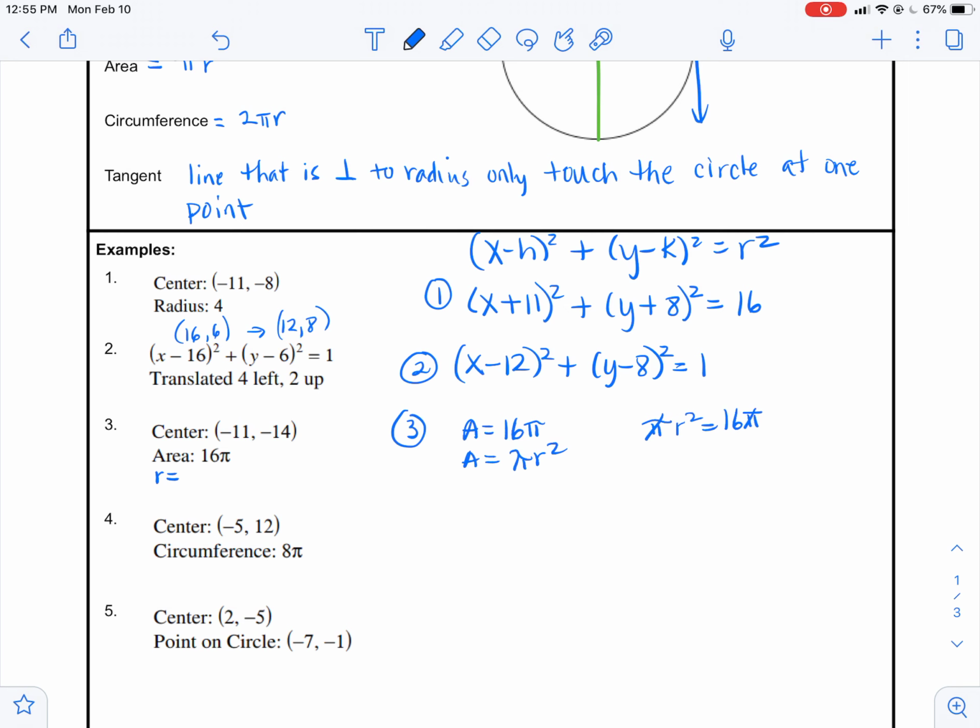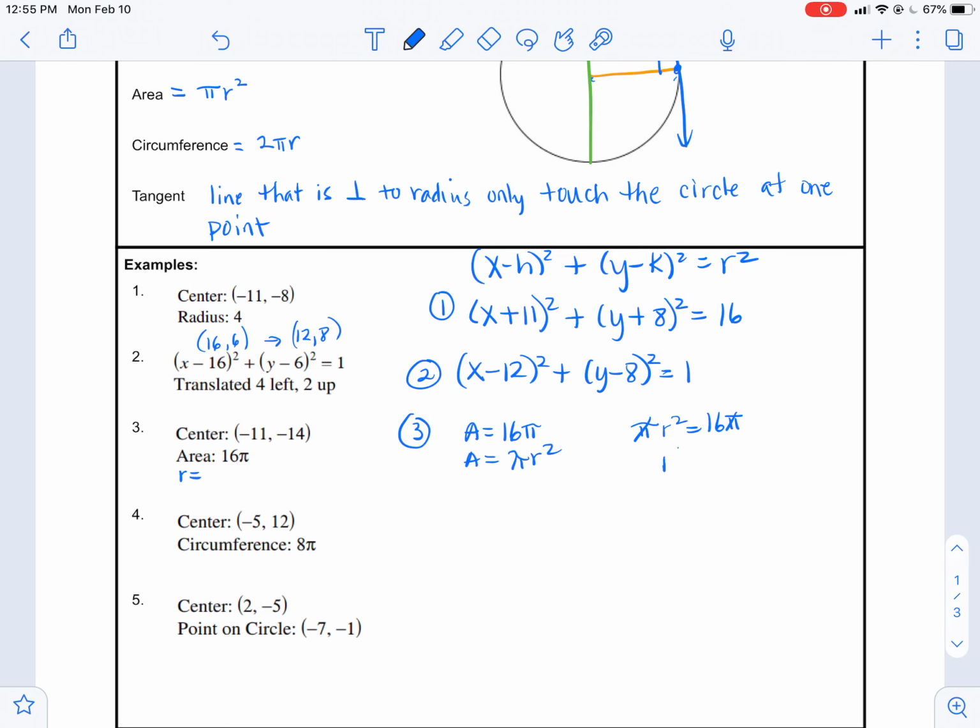Your pi's are going to cancel, so r squared equals 16, which means that r equals 4. Okay, so now I can write me an equation. So x plus 11 squared plus y plus 14 squared equals radius squared, which in this case is 16. Okay?